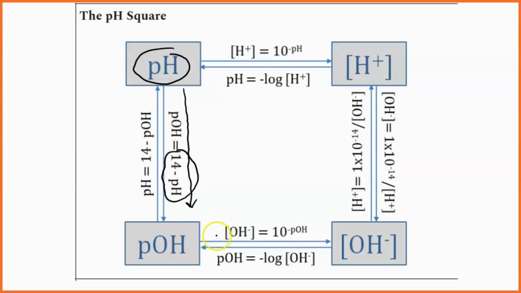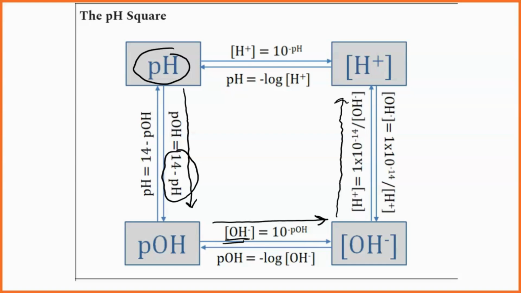Once I have the pOH, I could find the hydroxide concentration by taking 10 to the negative pOH. And then I can also find the hydrogen concentration by taking that Kw divided by hydroxide. So they all relate to each other. I can start with just one value and find the other three by going around in the square. It doesn't matter where you start.